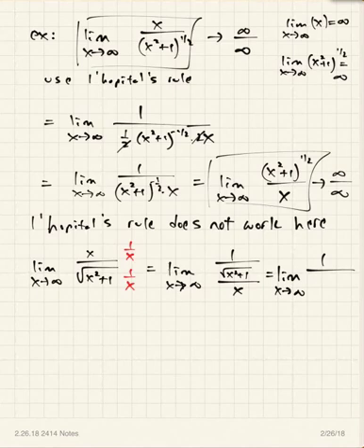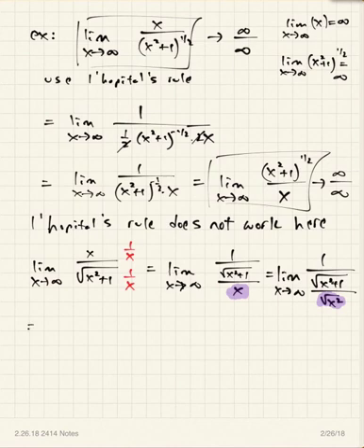You take the denominator and you rewrite this as the square root of x squared plus 1 over the square root of x squared, right? You take that x right there, and you rewrite it as the square root of x squared. As long as x is positive, which x has got to be positive for this limit, that's okay to do.